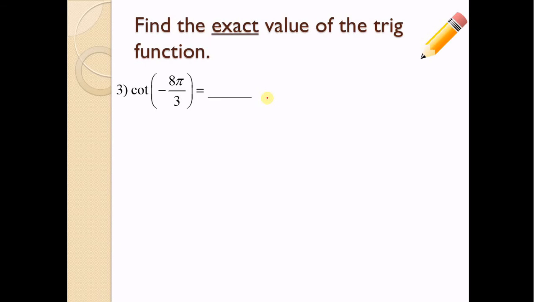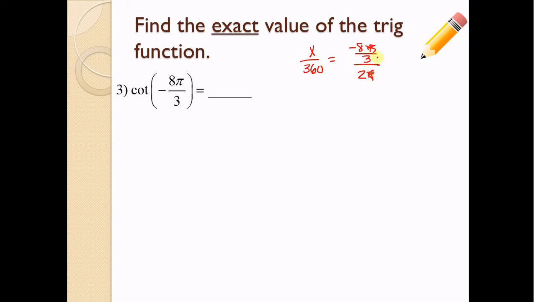What about the cotangent of negative 8 pi over 3? So you're probably going to go, oh, look, I can look at my unit circle. But you know what? Your unit circle doesn't have negative 8 pi over 3 because that's been swept quite a few times. So this one's actually a full rotation around. So what I recommend is to figure this out in degrees. So let's go x over 360 equals negative 8 pi over 3 over 2 pi.